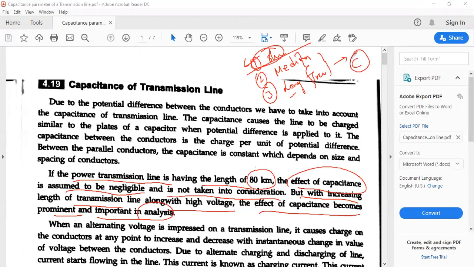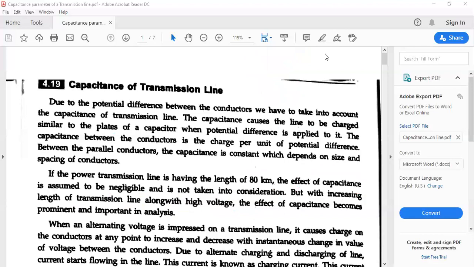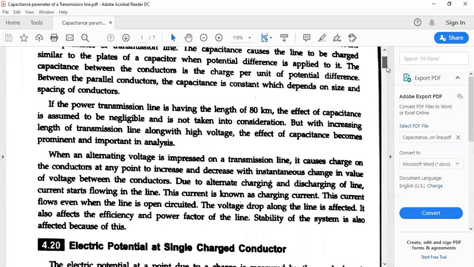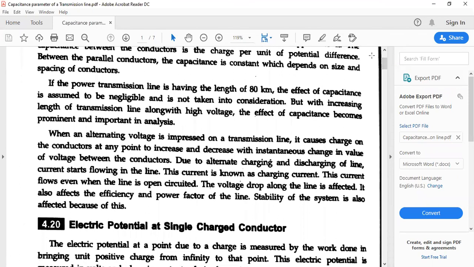We consider these effects with respect to the high voltage levels present, and the effect of capacitance also plays a prominent role in the transmission line efficiency and the voltage regulation. If the length is generally less than 80 kilometers, we don't take it, and all the lines are said to have an AC transmission system.